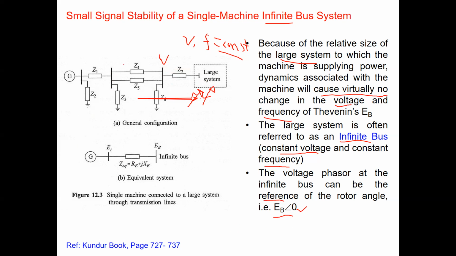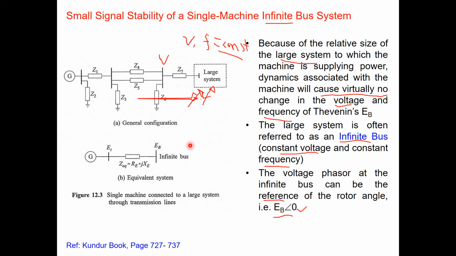And then from this layout, we can have an equivalent circuit. So we can have the generator and all the impedances, or the admittances basically. We can obtain an equivalent system, an equivalent reactance here. And thus at this point we have the generator voltage, and at this bus you have your infinite bus.